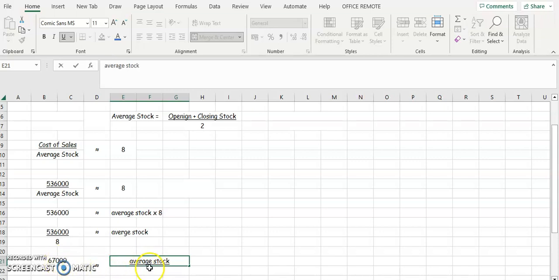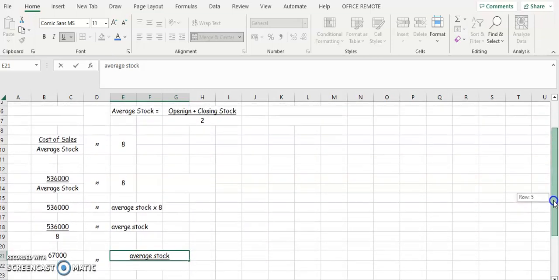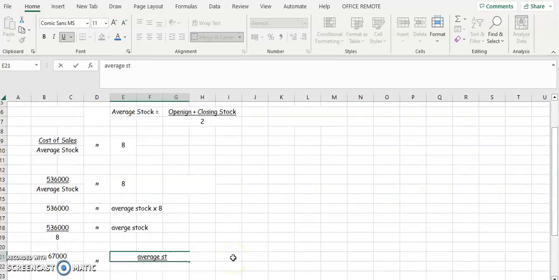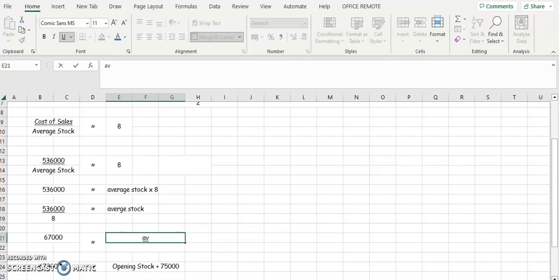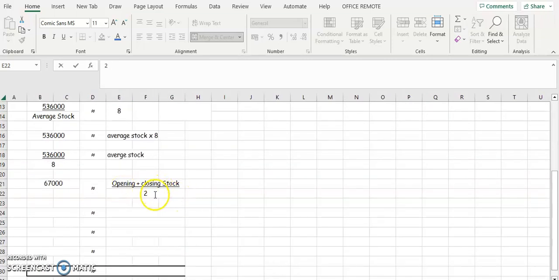Now we know average stock is equal to opening plus closing stock, divided by 2. So we change the average stock here and put 67,000 is equal to opening plus closing stock divided by 2. Now we're going to cross multiply by 2.